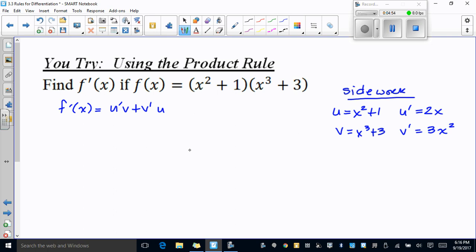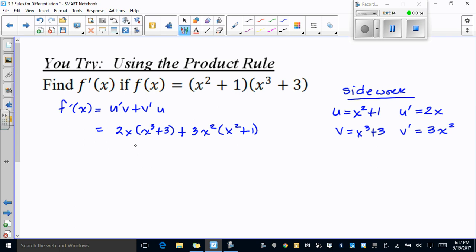And now we're ready to do the plug and chug: u prime, so 2x times x cubed plus 3, plus v prime, 3x squared times u, x squared plus 1. And we're just ready to clean up now.